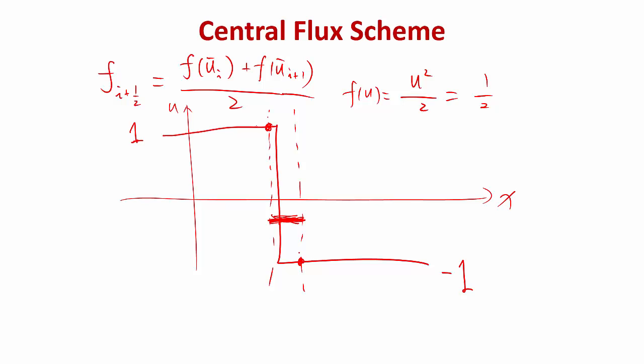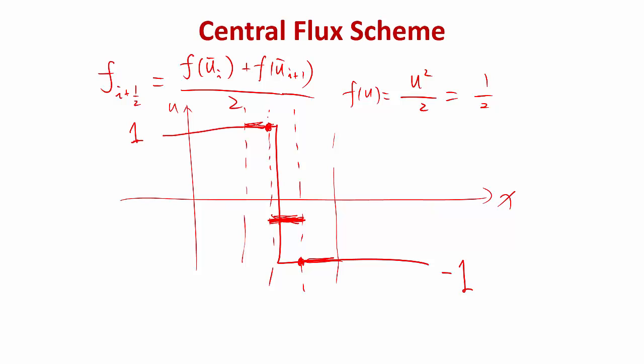The correct behavior around shock waves is that the interface flux on this point should only take the left value, and the interface flux over here should only take the right value. In order for me to capture the shock waves after it forms, we can't use central difference.